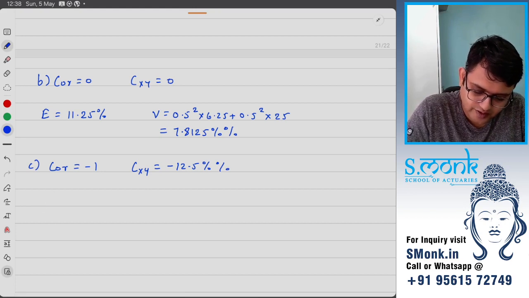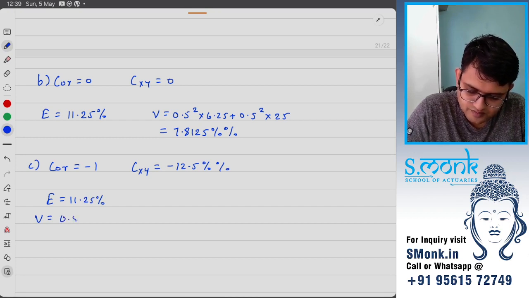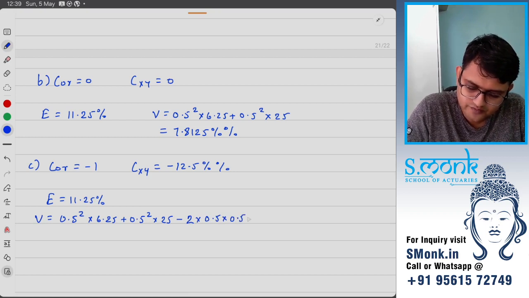So again, expected returns is going to be the same, 11.25%. The variance, and now minus of 2 into 0.5 into 0.5.